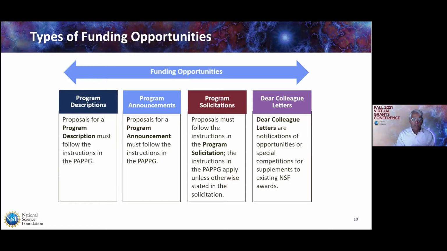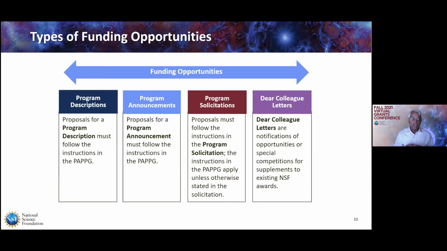The last kind of funding opportunity that you see on this slide here is what's called a Dear Colleague letter, or DCL. DCLs are typically just notifications of opportunities or special competitions. In a lot of cases, a DCL may actually point to an existing funding opportunity, a program solicitation most commonly, but also other kinds of funding opportunities that may have been around for a while.